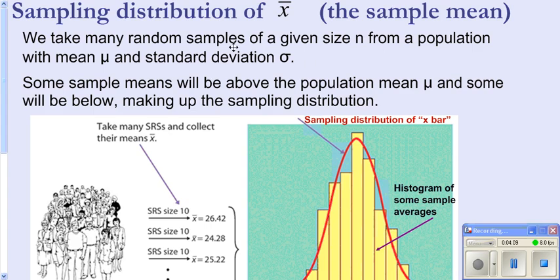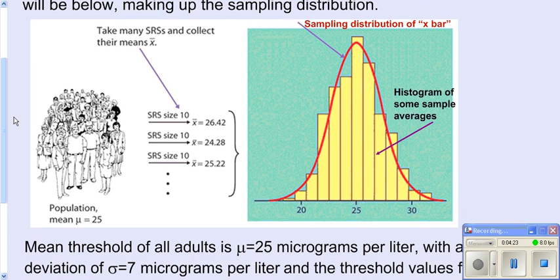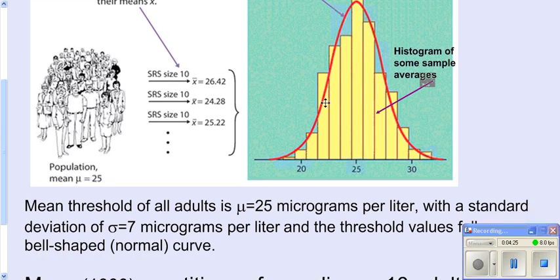If your original population has a mean of mu and a standard deviation of sigma, your sampling distribution of x bar, your sample means, is going to end up being narrower than it would be if it was just your whole population of individuals.